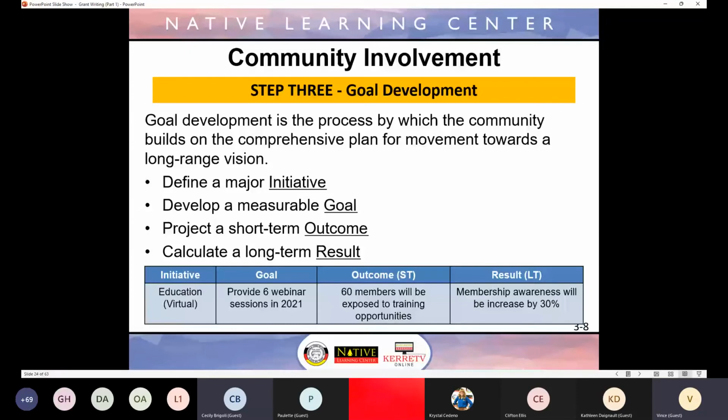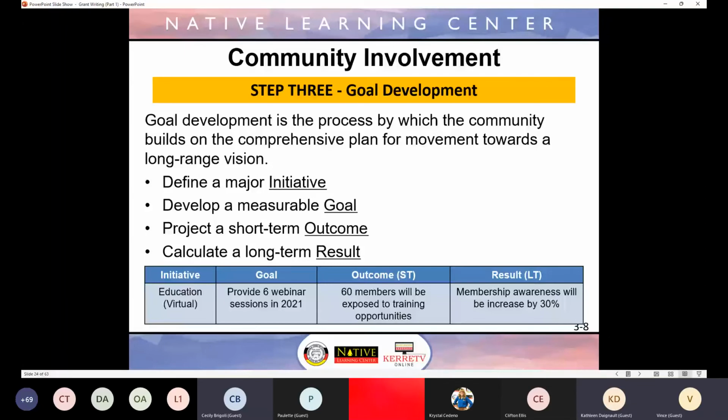The goal would be to provide clients to a medical practitioner, and the outcome would be a certain amount of patients were seen by the medical practitioner. I'm out of my comfort zone here talking about medical.